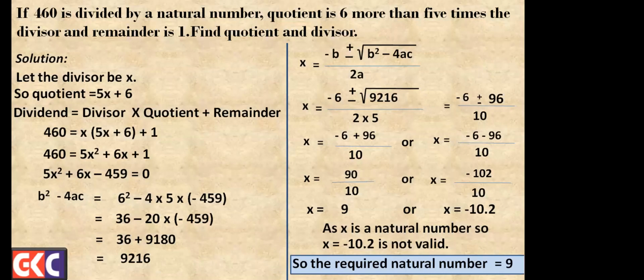Especially, why am I doing this by the formula method? Try and understand that. The reason is very simple, as I told you. After looking at the quadratic equation, I observed that it is not possible to do it by factorization, which is always my first choice. But since it is not possible, or rather the factors are not that easy, the numbers which I can see are not that good.